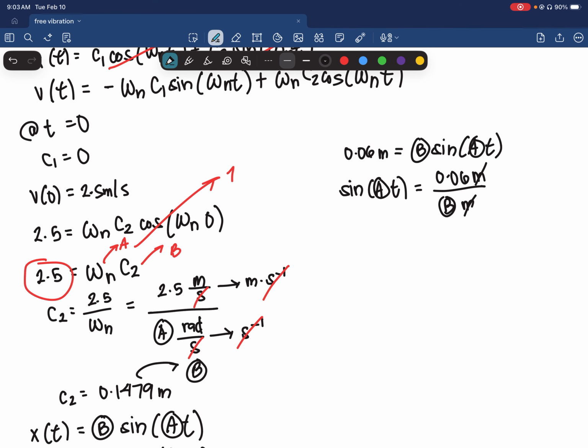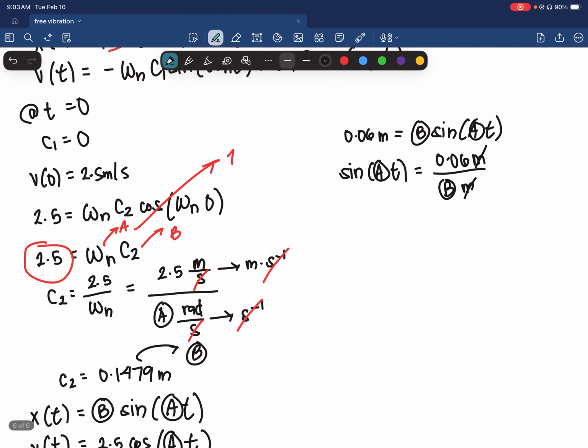And again, we multiply both sides by the arc sine, by inverse sine. So making equation dito is that t is equal to, tapos i-divide pa natin siya by A. Okay? So this is arc sine, or inverse sine of 0.06 over B.